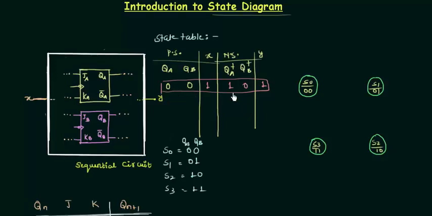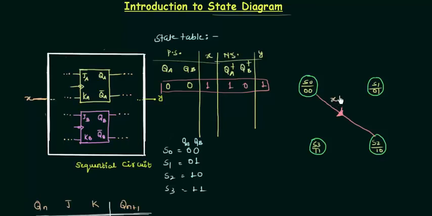So we are at 0 0, it means we are at S0, and the input given is 1, and once I give the input as 1, our next state becomes 1 0, and 1 0 is S2. So I will go to 1 0, and an arrow will be there showing that I am shifting from S0. Now we have to also give information about the input and output, so that we may know what input made us move from S0 to S2.